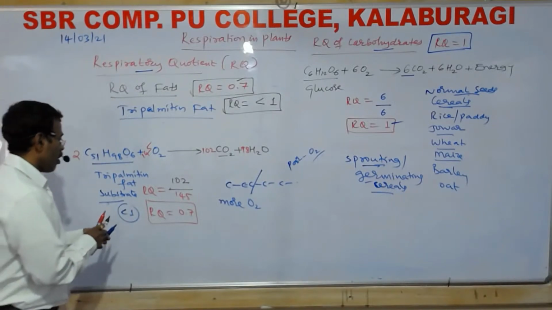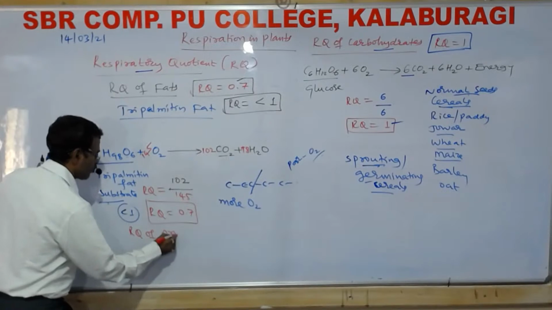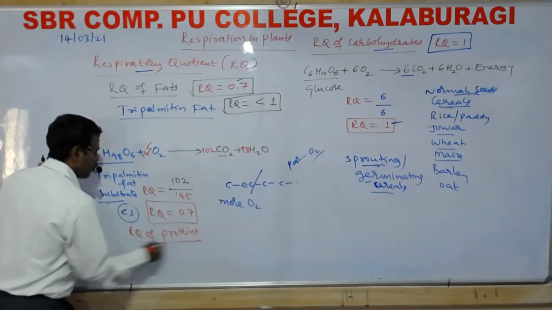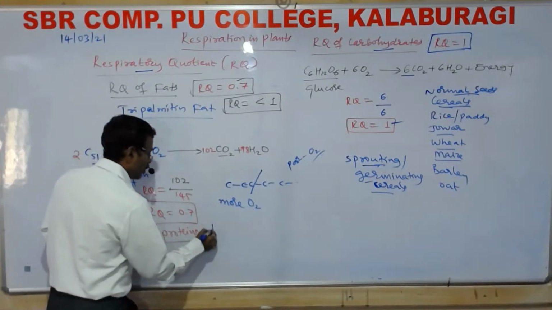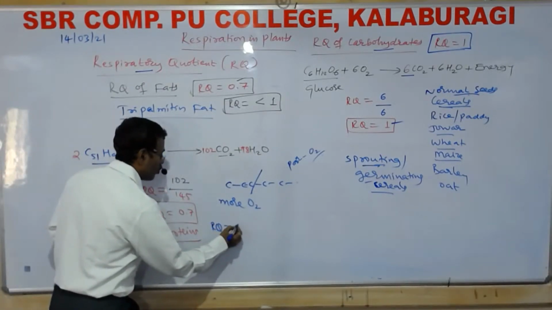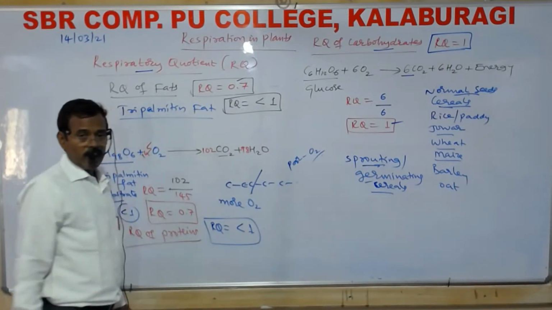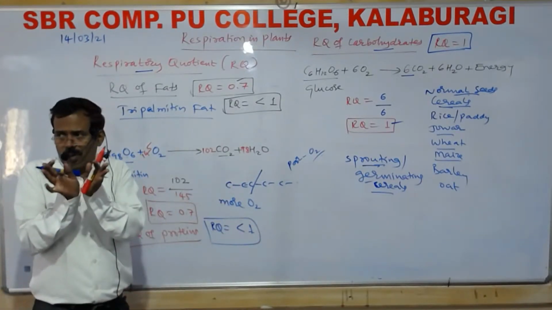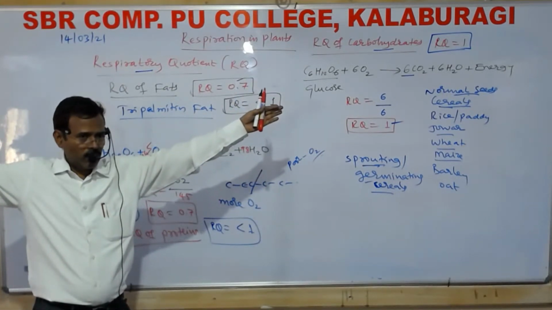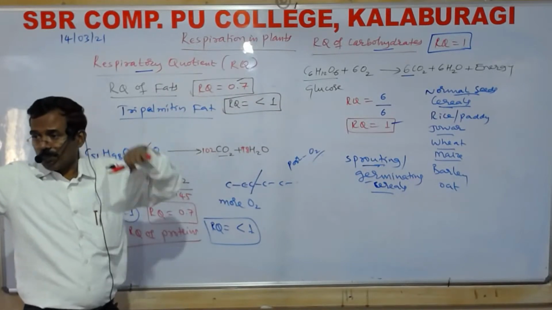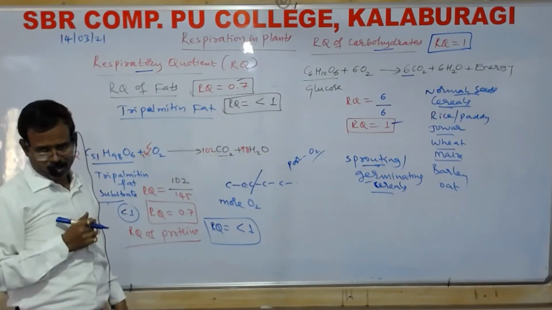Similarly, the RQ of proteins. The respiratory quotient of proteins, we usually write RQ is equal to less than 1. Remember, protein is also less than 1. In protein also, the carbon and hydrogen length will be more. The carbon skeleton will be more compared to the number of oxygen present in the protein. Protein is also poor in oxygen.